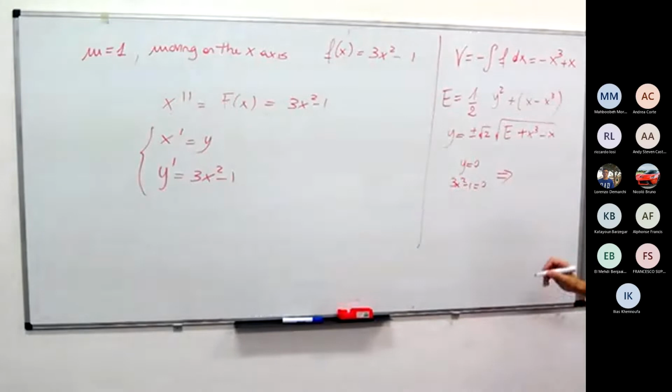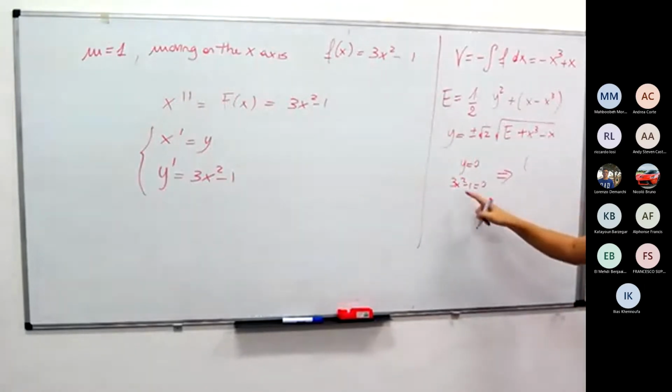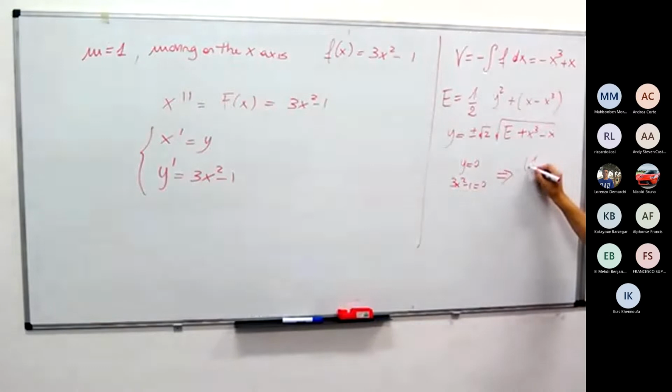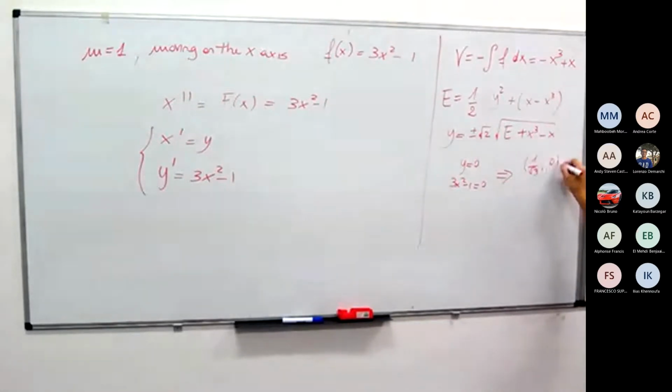So this means that there are two equilibria. The equilibria are 1 over square root of 3, 0, and minus 1 over square root of 3, 0.